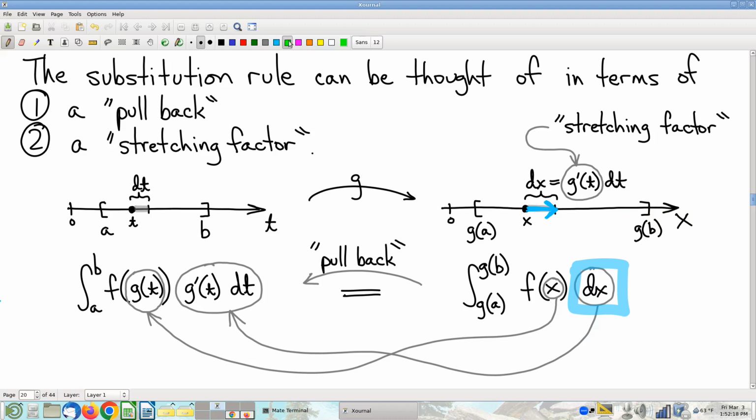And I'll point out that dx, thought of as a change, is literally the output change that you associate to this corresponding input change, dt. Let me just be consistent here. If you have an input change dt, that gives rise to an output change dx.